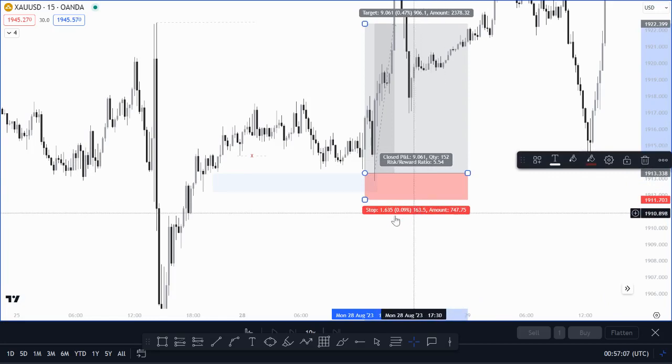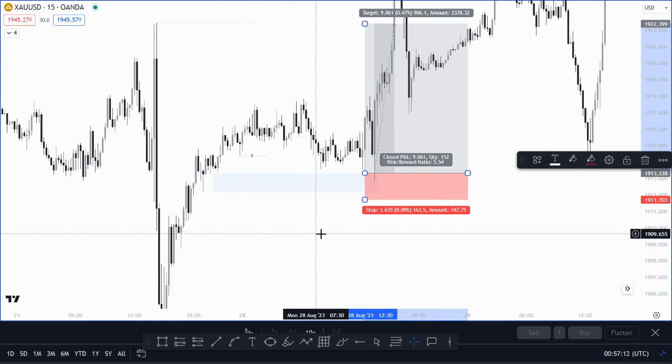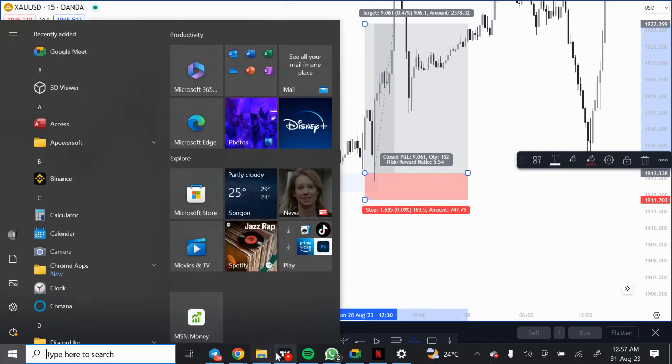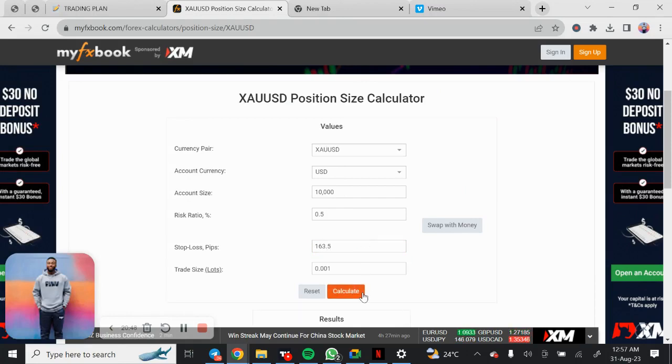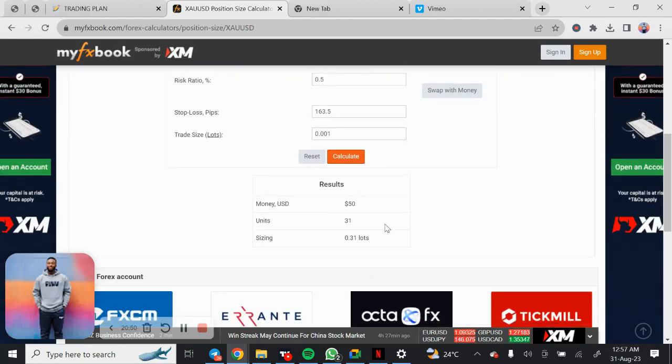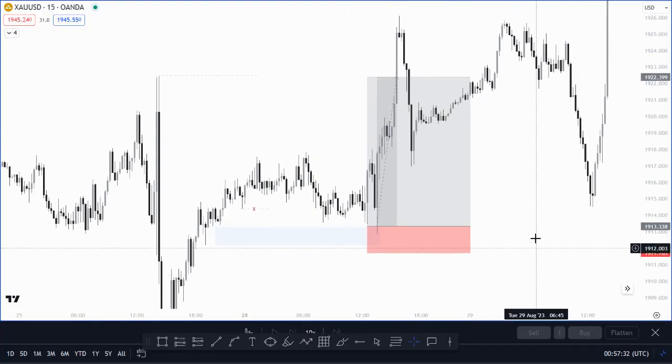Now this is the value you put in your FX book. You come here, you put 163.5, and then you calculate. So you see, you are going to risk $50 if you use 0.31 lot size on gold. It is that simple.